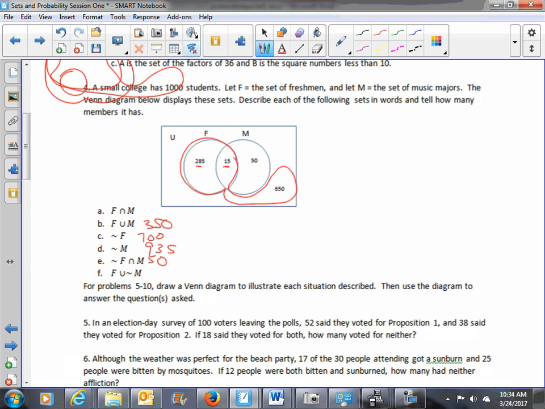Now, yes, those 15 are in M, so they wouldn't be in the not M, but they get to be in the union because they're in F, and then the 650. So we would actually have 950 in this set, and that would be all the students except the non-freshman music majors. Okay.